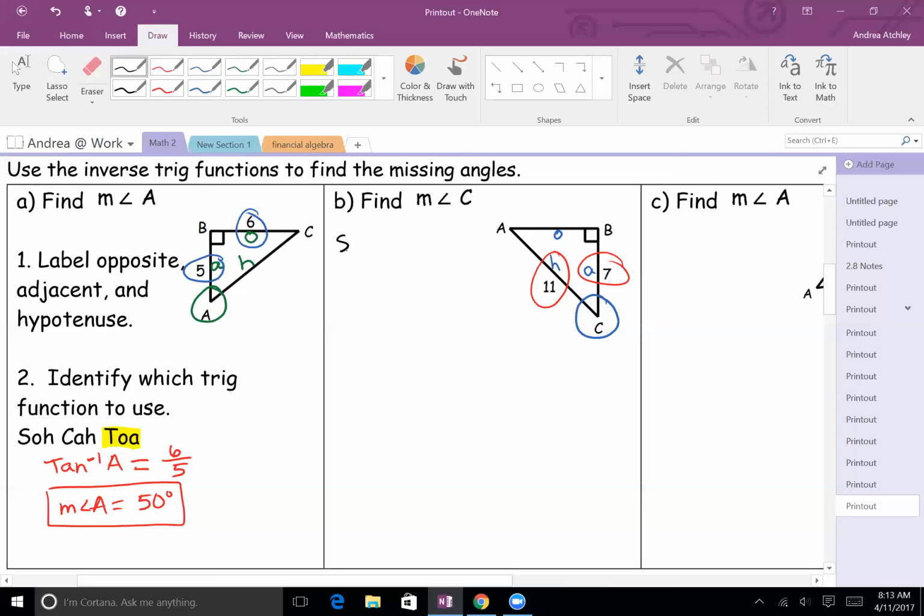We again look at, which trig function class? Cosine.